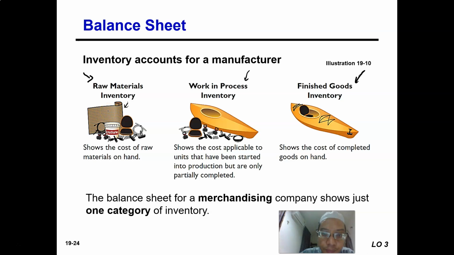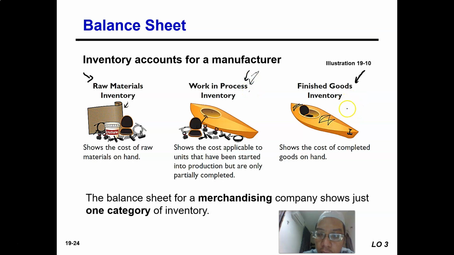But the work in process is the boat, which is still incomplete. We have the seat not yet assembled in the boat. So this is a working version of the inventory. We have not completed it, but this one is the finished inventory.